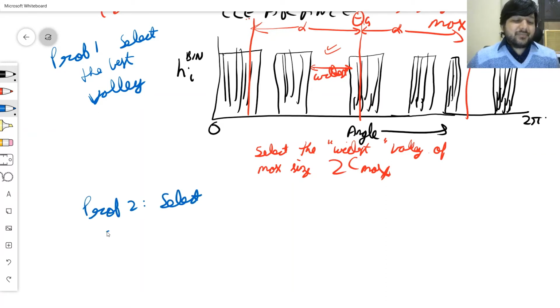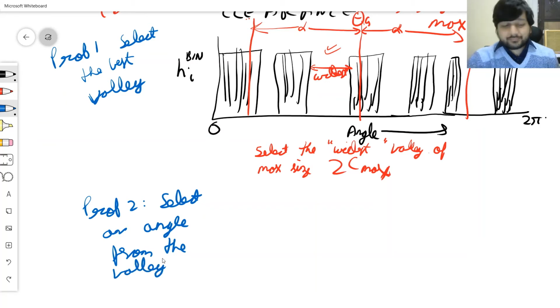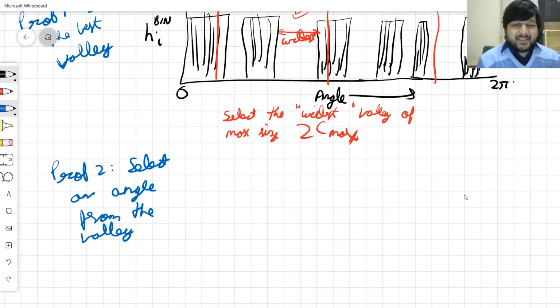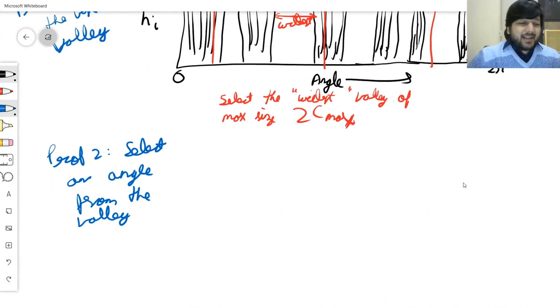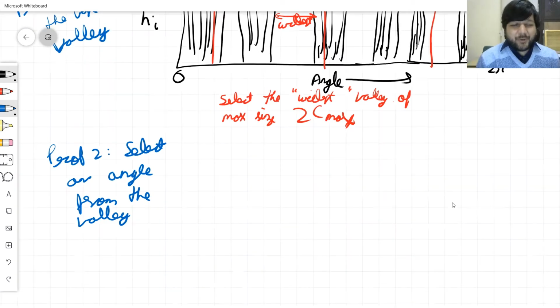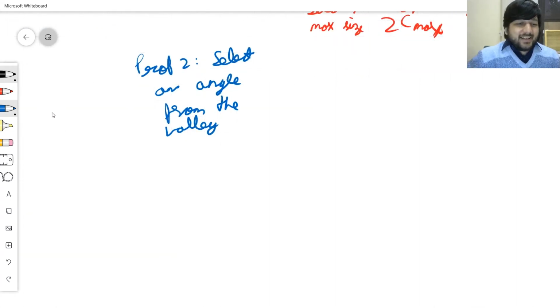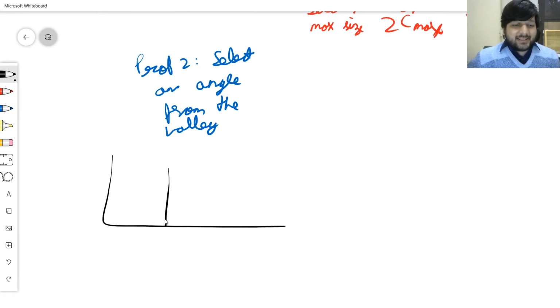Now my problem number 2 is to select an angle from the valley. So now what I need to do is select an angle from the valley. Let me draw the possible cases, and I will only be drawing the selected valley.